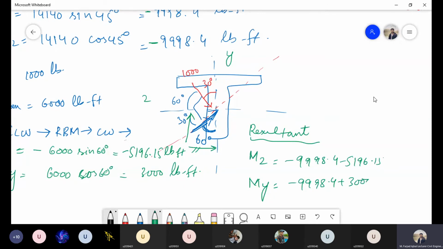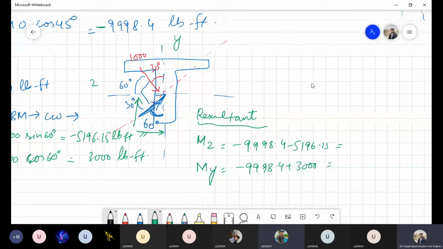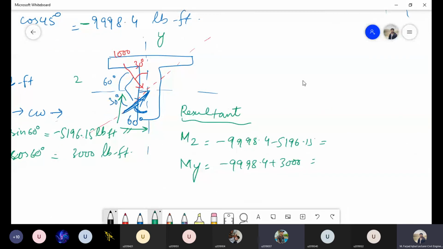So what is the value of the moment? Mz will be minus 15194 pound feet, and My, what is My?